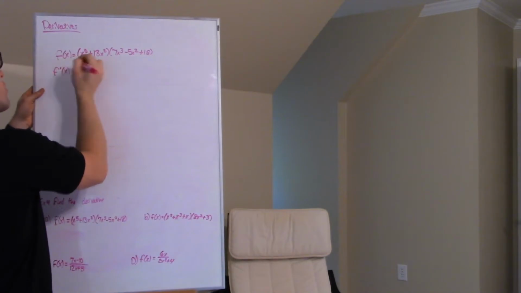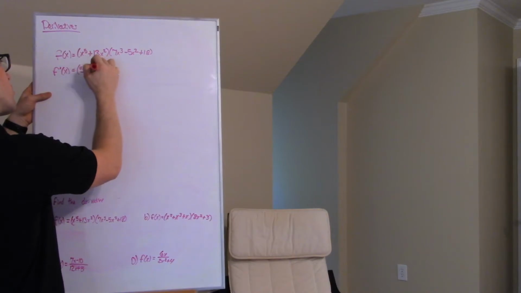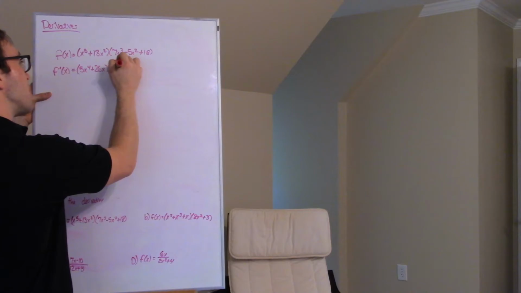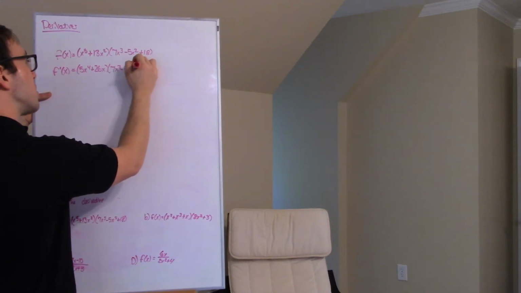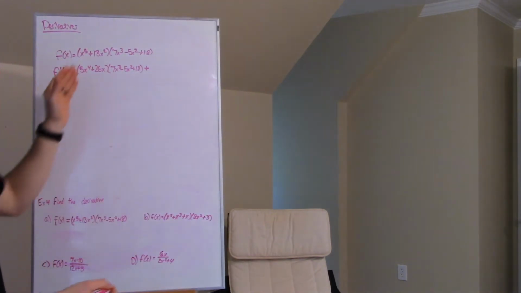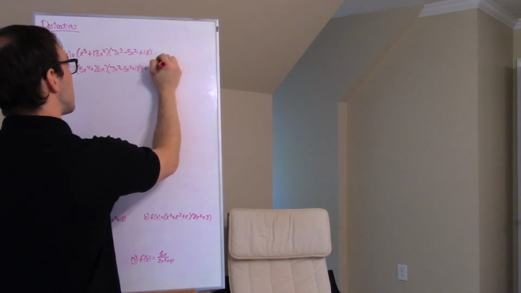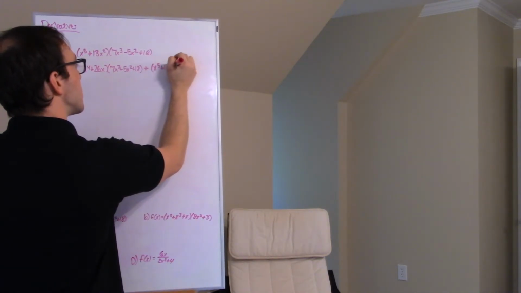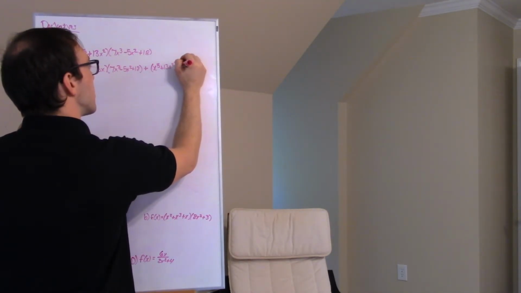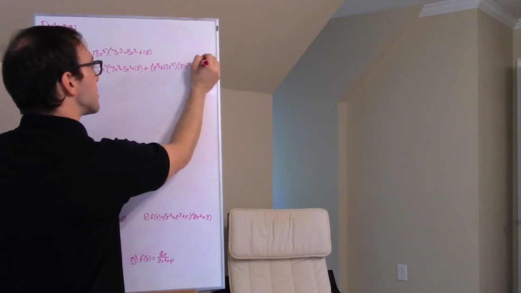The derivative of the function is the derivative of the first piece, which is 5x to the 4th plus 26x times the second piece, 7x to the 3rd minus 5x squared plus 18 plus the first original function, x to the 5th plus 13x squared times the derivative of the second, 21x squared minus 10x.